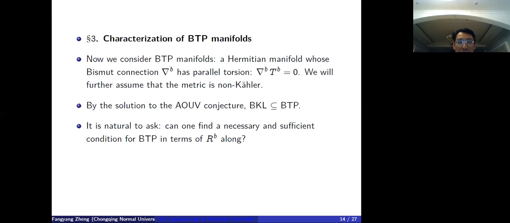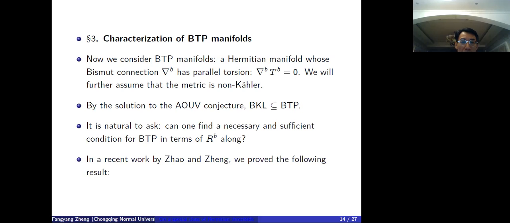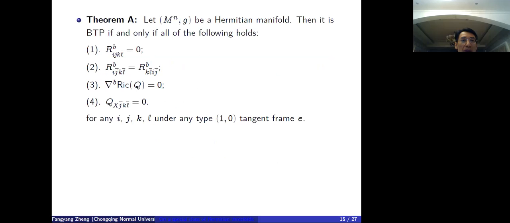But when we proved this AOUV conjecture, we checked it's correct, but we didn't quite see the geometric insight. So we tried to dig a little bit deeper, and then we found actually this BKL. So we proved the following characterization theorem for BTP manifolds. The statement is somewhat longer. So it says the following.